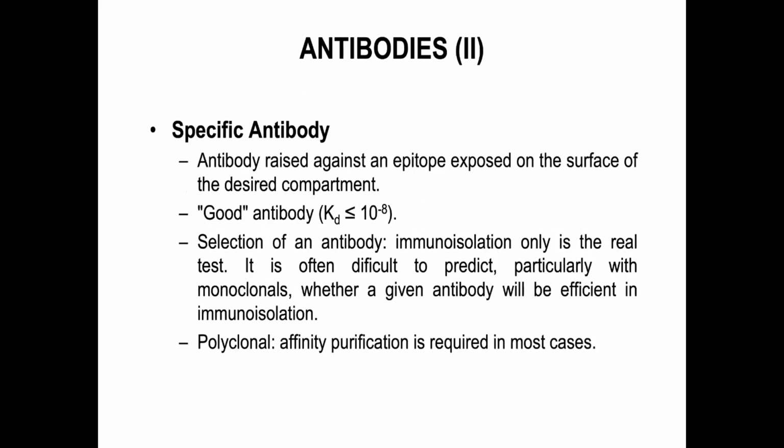Also, the specific antibody needs to fulfill requirements. Not only that the epitope must be on the surface, it must have a certain affinity, so a good KD that is usually lower than 10 to the -8. The selection of the antibody is more or less an empiric selection. The only real test is the immunoisolation per se. Whether a monoclonal antibody is better than a polyclonal antibody, and which monoclonal or which polyclonal is better, has to be tested.